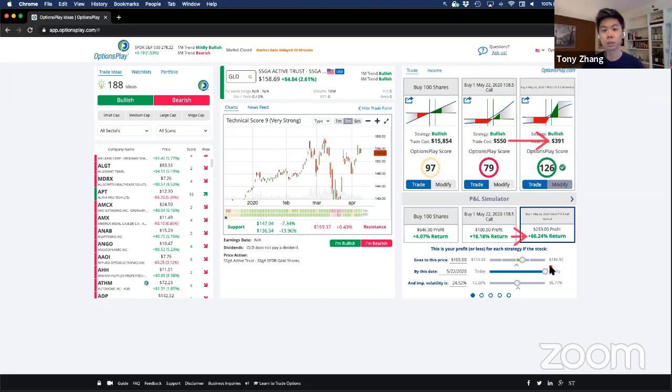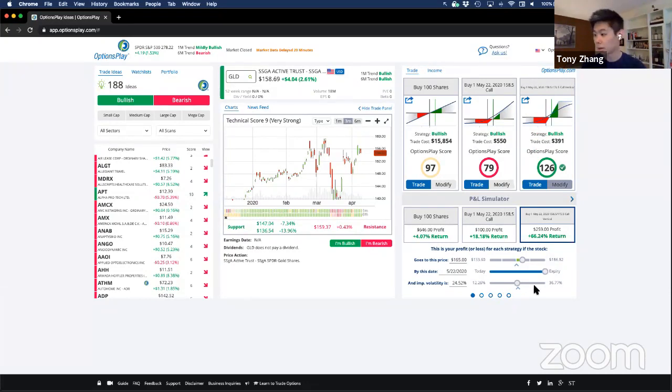That 33% savings in the amount of capital it requires to trade is going to amplify your returns by a substantial amount. As you can see here, 18% to 66% just by reducing the cost of this trade by that $1.50 by selling that 172.5 call option.